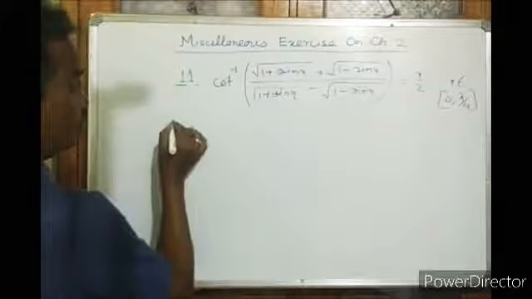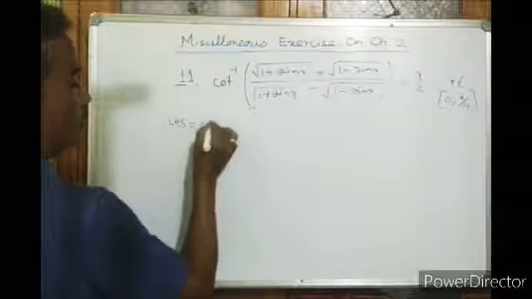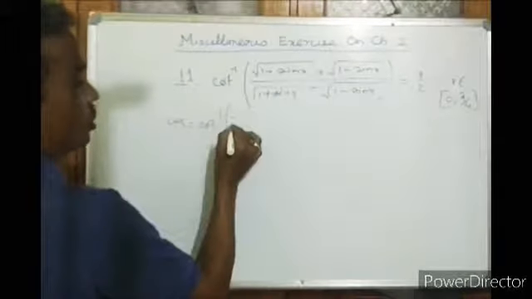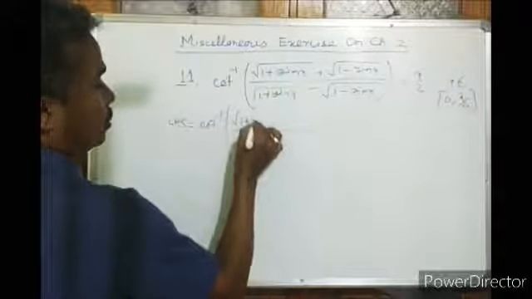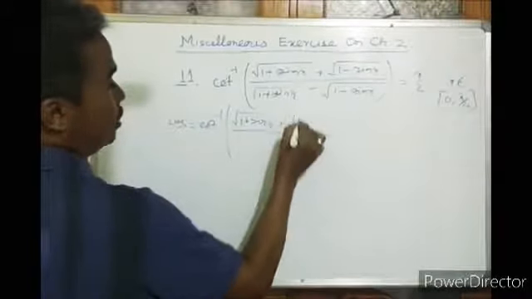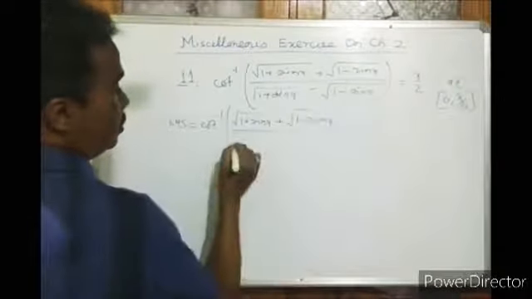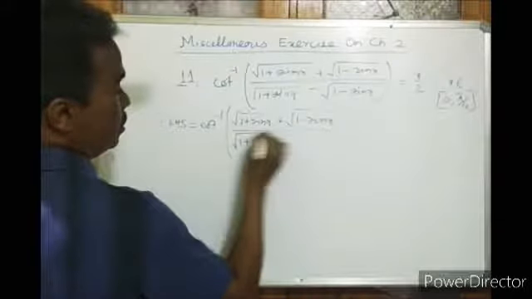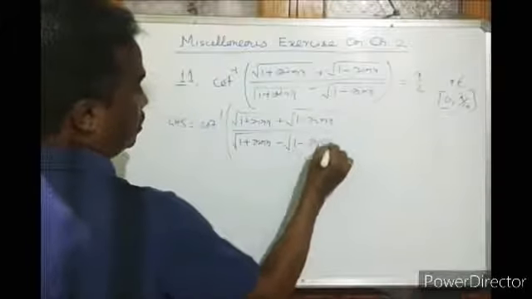So LHS we start like this. LHS is equal to cot inverse of (root over 1 plus sin x plus root over 1 minus sin x) divided by (root over 1 plus sin x minus root over 1 minus sin x).